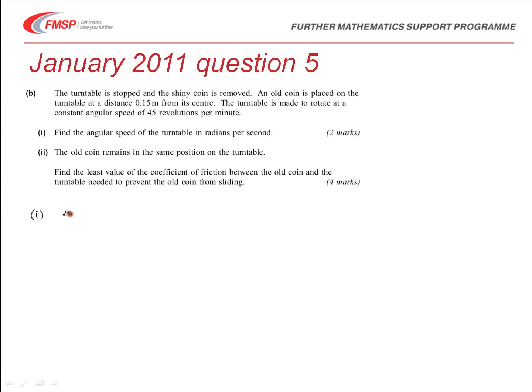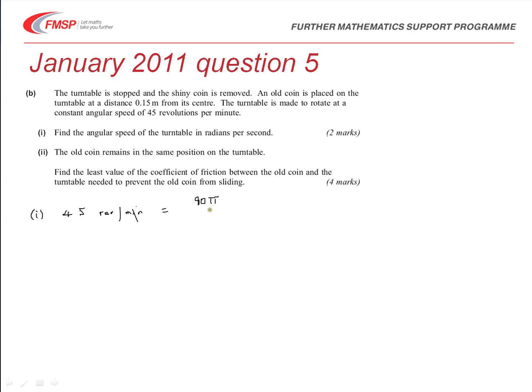So we have 45 revs per minute. Okay, well, 1 revolution is 2 pi, so 45 revolutions will be 90 pi. So that's 90 pi radians in a minute.